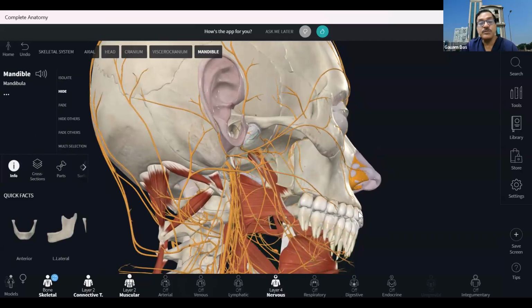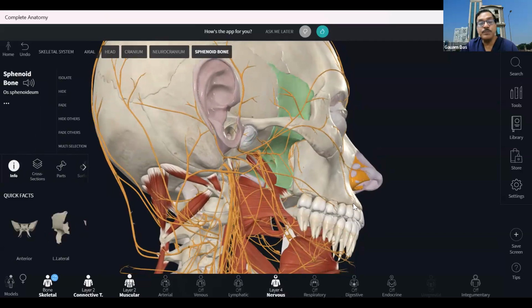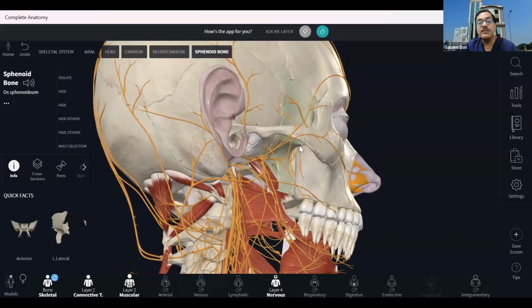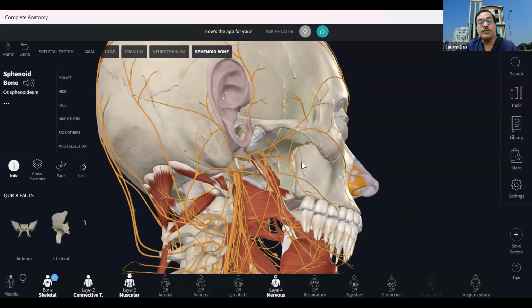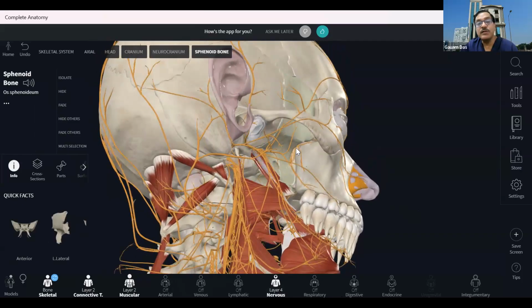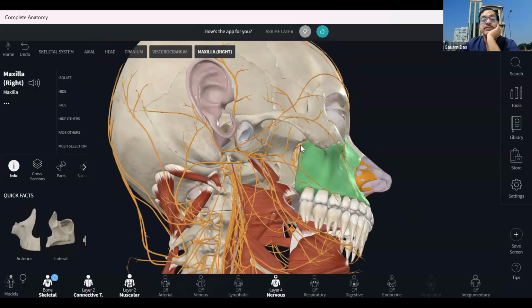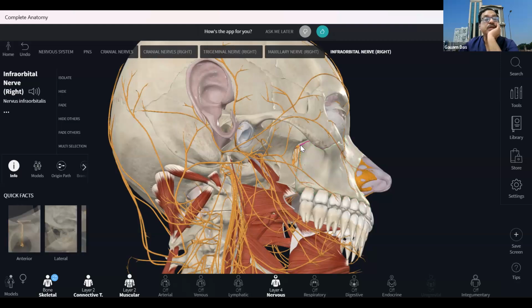So this is the sphenoid bone, the lateral pterygoid plate. Here, this nerve is not that one, that one is the maxillary nerve, and after that it gets divided. This nerve, the infraorbital nerve, is the continuation of the maxillary nerve.